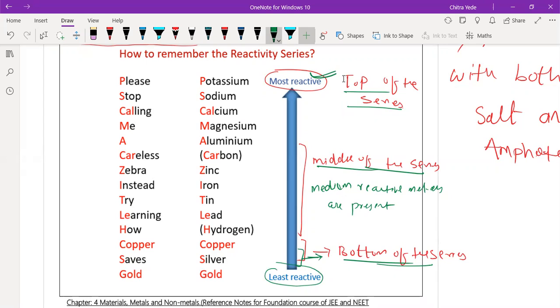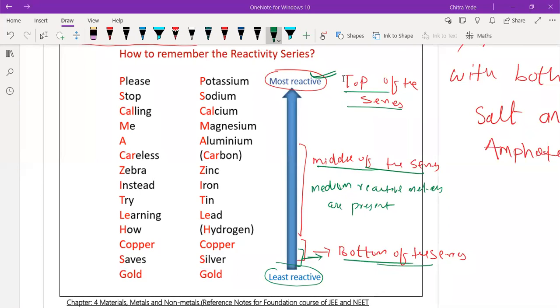Suppose we have understood about the displacement reaction, is it or not? Sir, can you repeat? We have already understood about the reactivity series, you know that na?